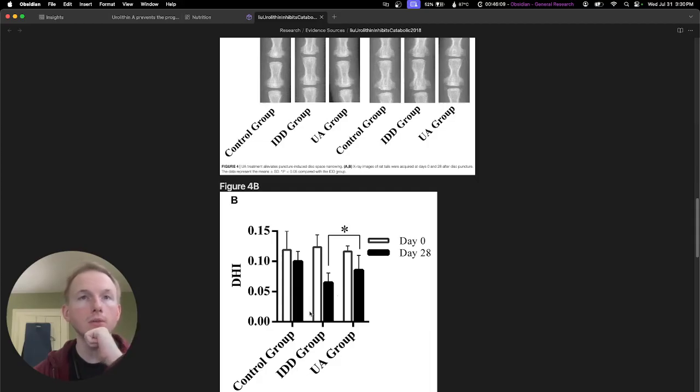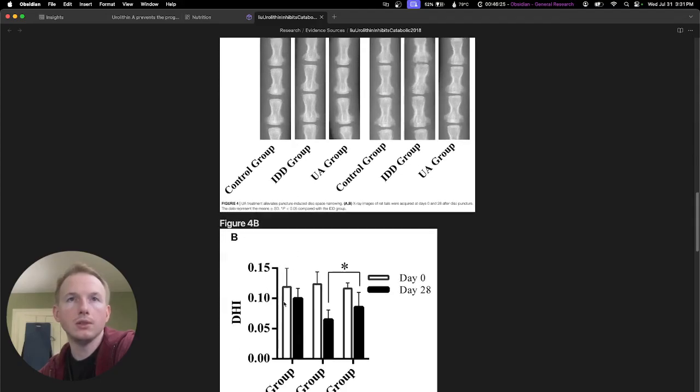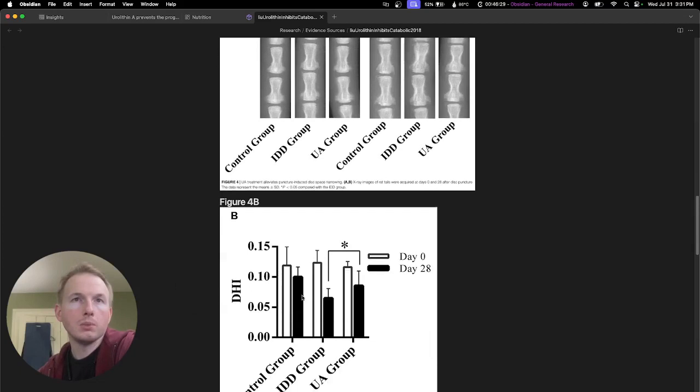Yeah, and that's not just marginally different. That's interesting. They're not statistically significant, but within 4 weeks there was a change in disc height index, or potentially non-significant change in disc height index. This falls between those two.